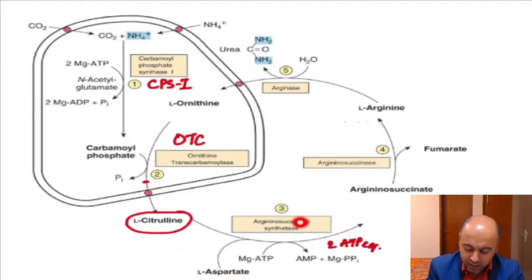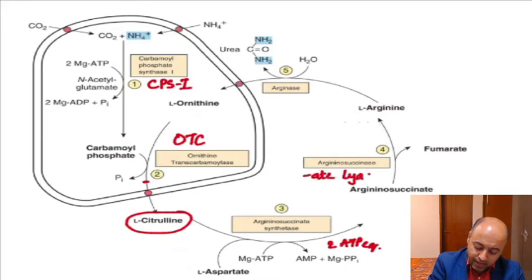Here the enzyme is argininosuccinate synthetase. Argininosuccinate is then split into arginine and fumarate by the enzyme argininosuccinase, also known as argininosuccinate lyase. And lastly, arginine is acted upon by arginase, whereby we get urea. So arginine splits into urea and ornithine.